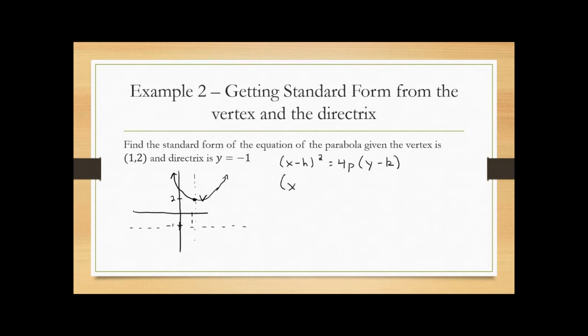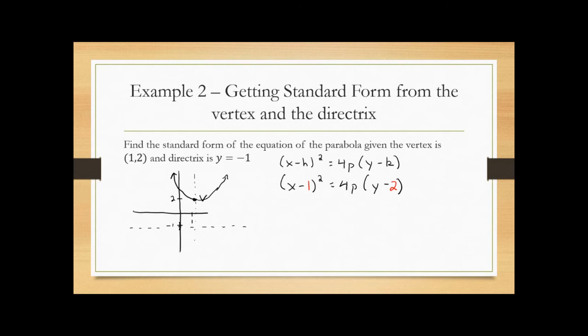So I have x minus the x value of the vertex, which is 1, so (x - 1)^2 = 4p times (y - k). And k is the y value of the vertex, so that is 2. So that's y minus 2, and then close parenthesis.